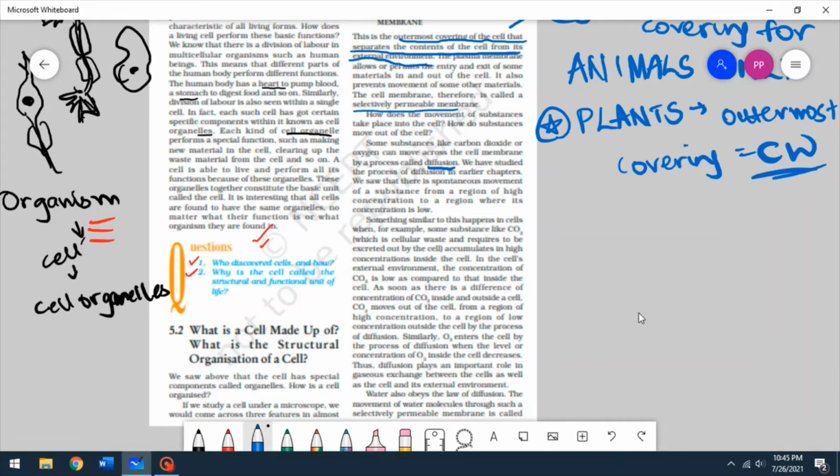We have studied the process of diffusion in earlier chapters, hint chemistry. We saw that there is spontaneous movement of a substance from a region of high concentration to a region of low concentration. That is the basic definition of diffusion.